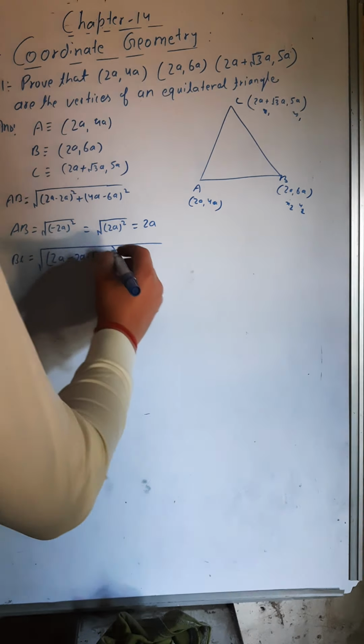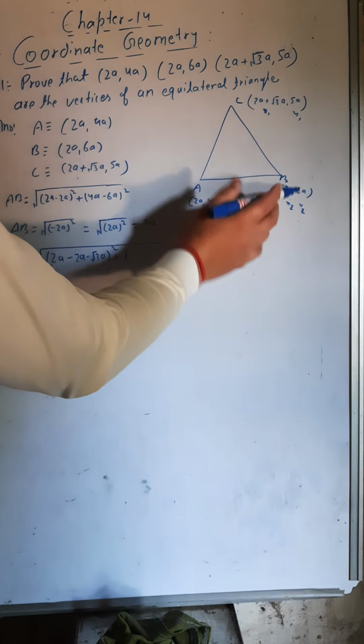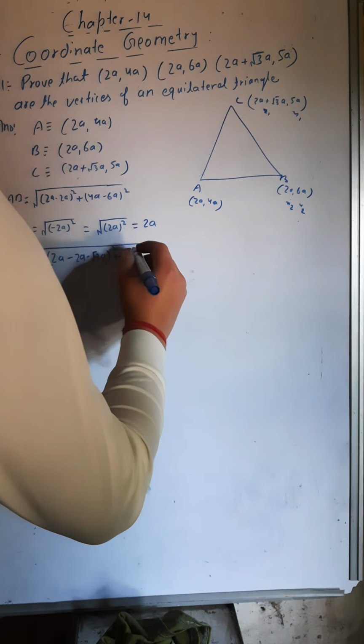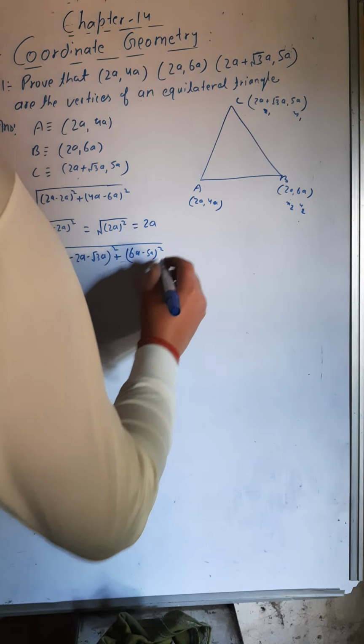So (x2 minus x1) whole square plus (y2 minus y1), 6a minus 5a, whole square.